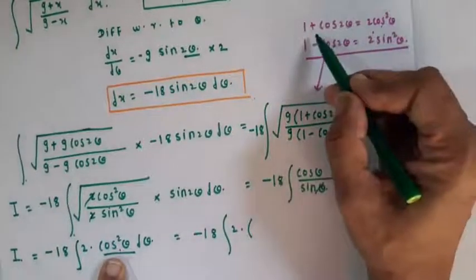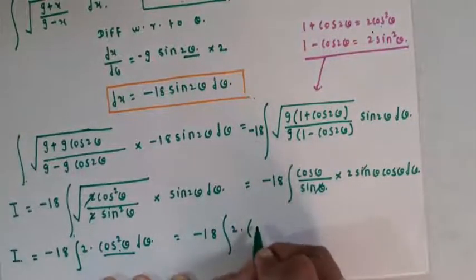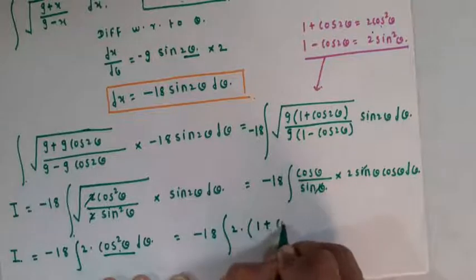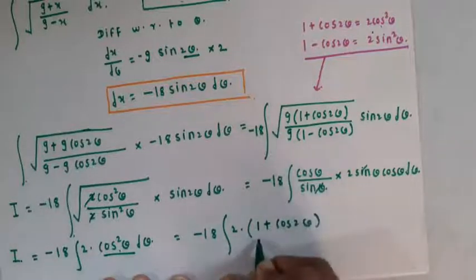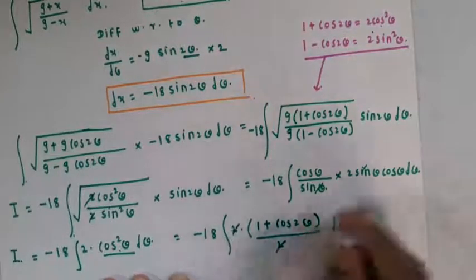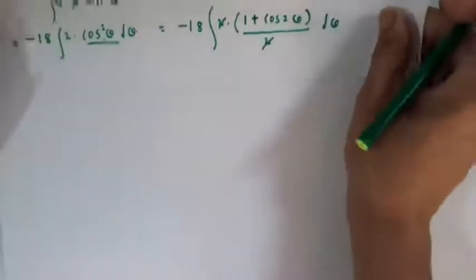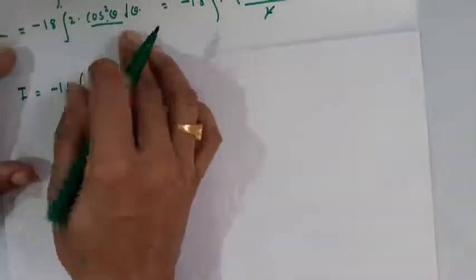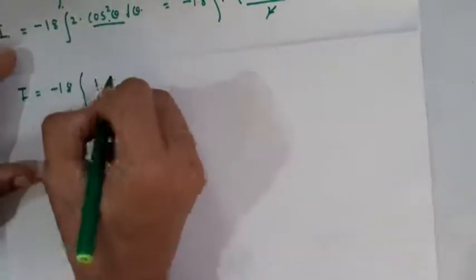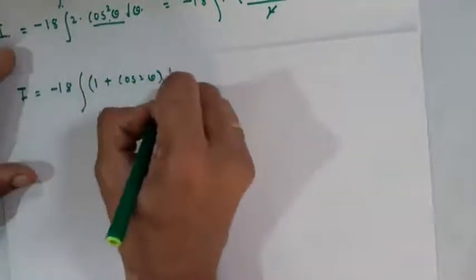So cos square theta is 1 plus cos of 2 theta divided by 2, with respect to theta. These two get cancelled, and now the integration, that is I equal to minus 18 integration of 1 plus cos of 2 theta with respect to theta.